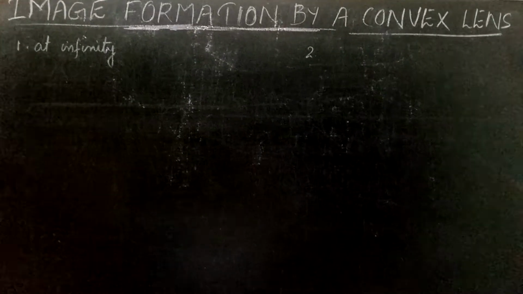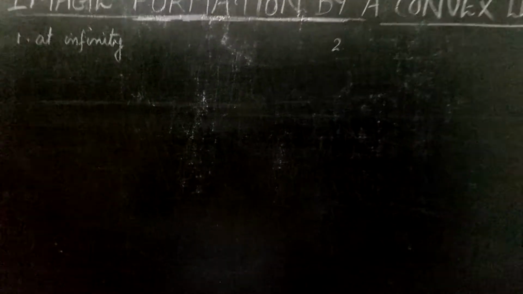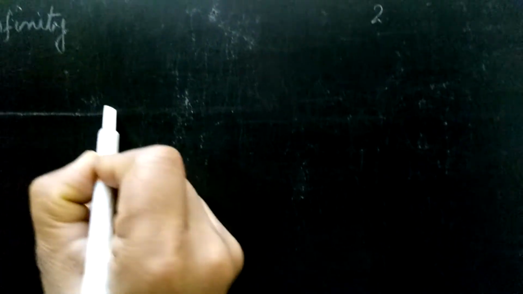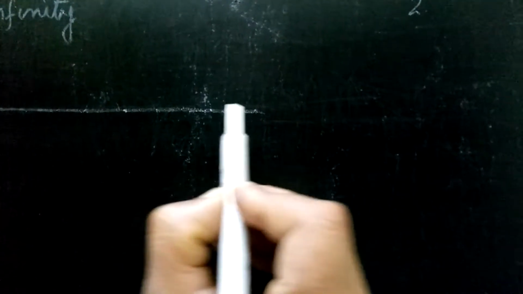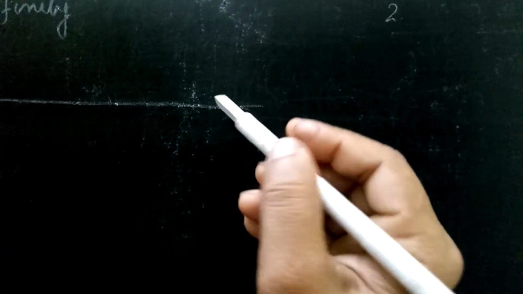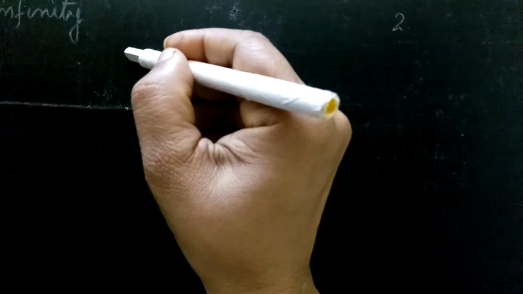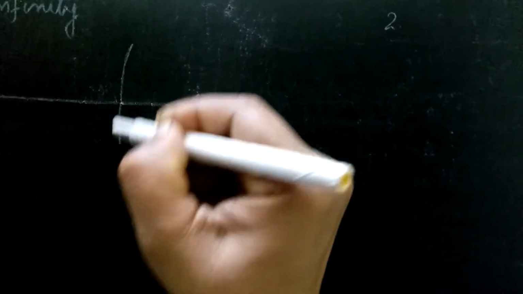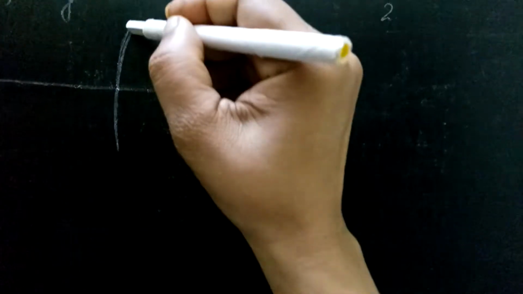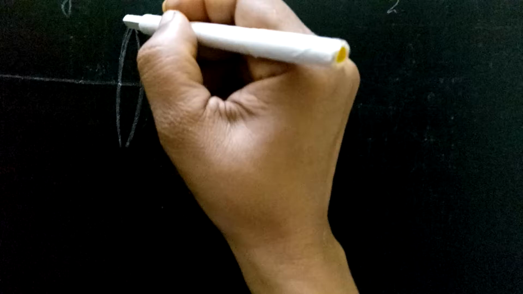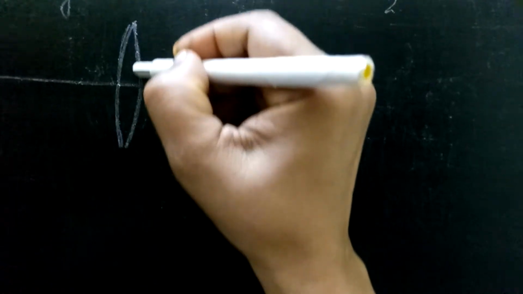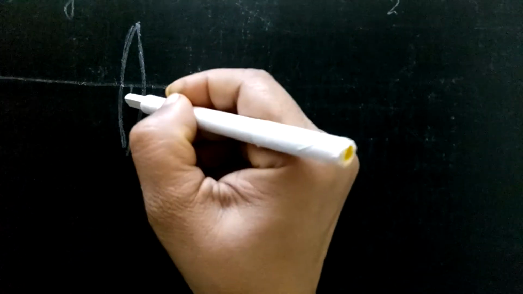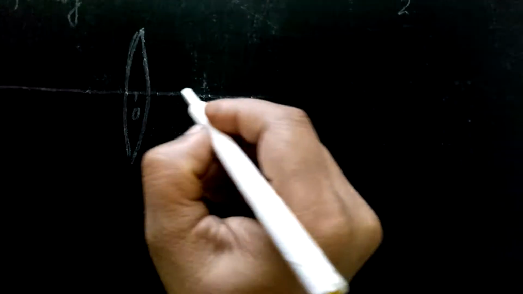So while drawing the diagram, as I told you earlier, first you have to draw a straight line which will act as a principal axis. Then you have to draw a thin lens, and the midpoint you should mark as O, optical center.